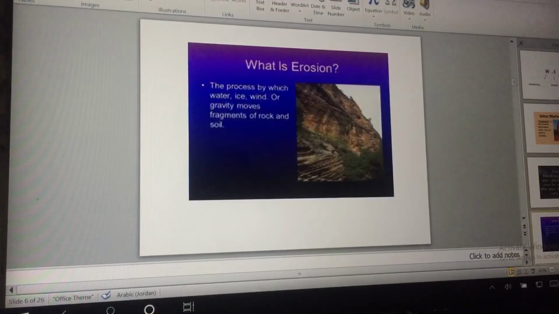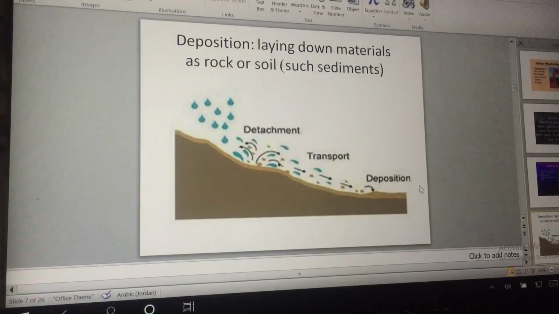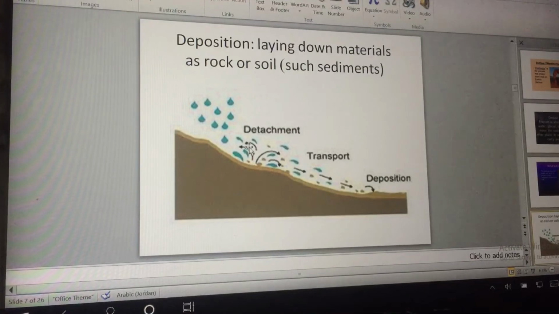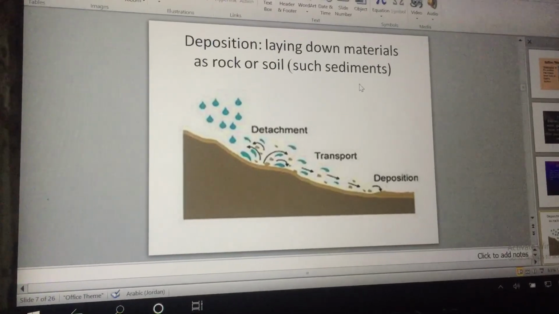And then we have deposition. After weathering, the breaking down, then erosion, the movement of materials. Then deposition, the laying down of materials such as rocks or soil, which we call sediments.